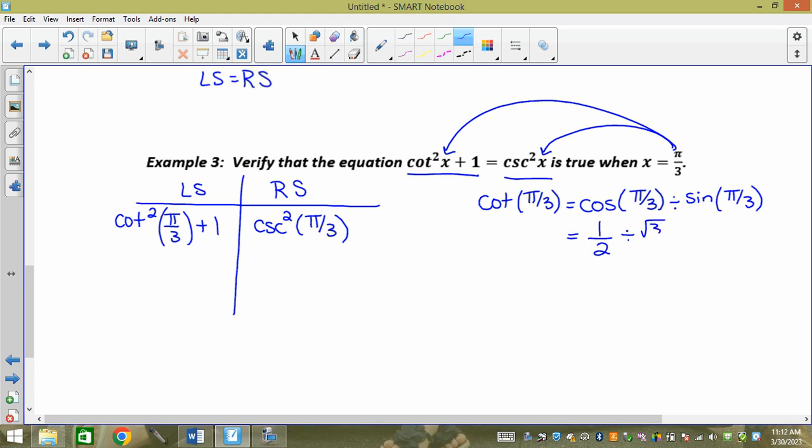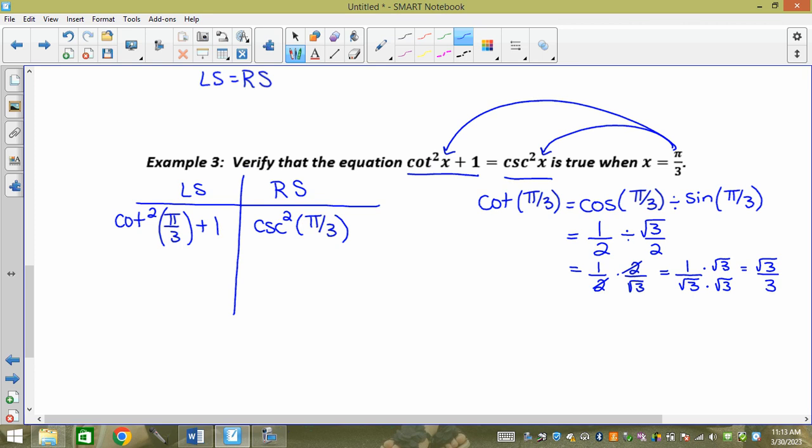Root 3 over 2. So we get 1/2 times 2 over root 3. The 2's cancel. I'm left with 1 over root 3. Can I leave it like that? No, we'll always rationalize in 30. Times root 3, times root 3, and we get root 3 over 3. So, okay, I know cotan of pi over 3 is that.